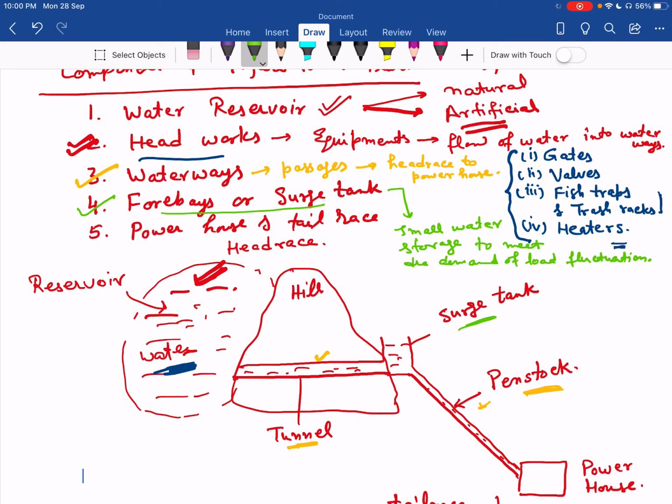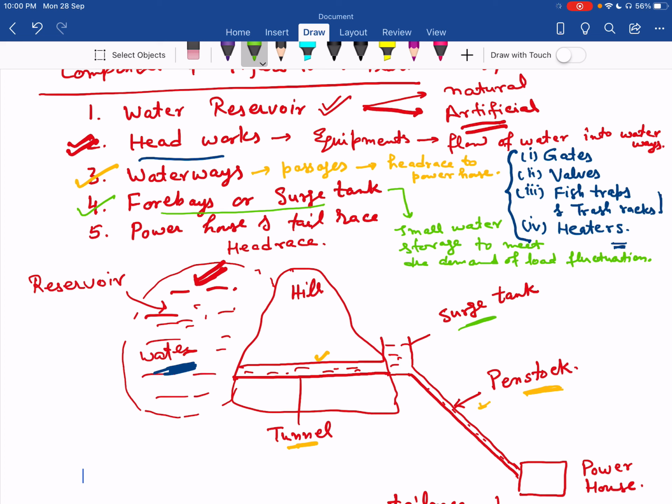At daytime, less power consumption is there, so we need a less amount of water to generate electricity. However, during night time we need more power and more electricity, so for that we need more water.